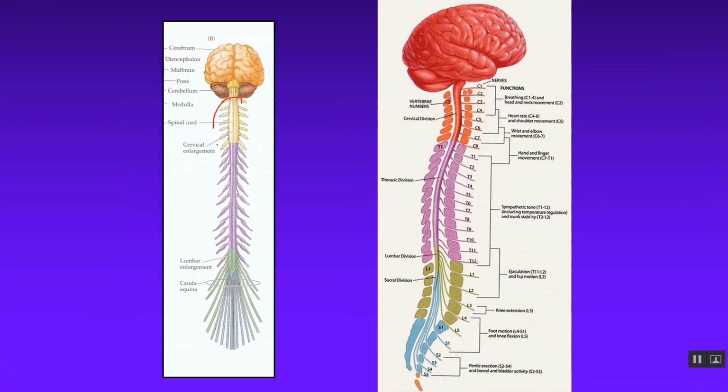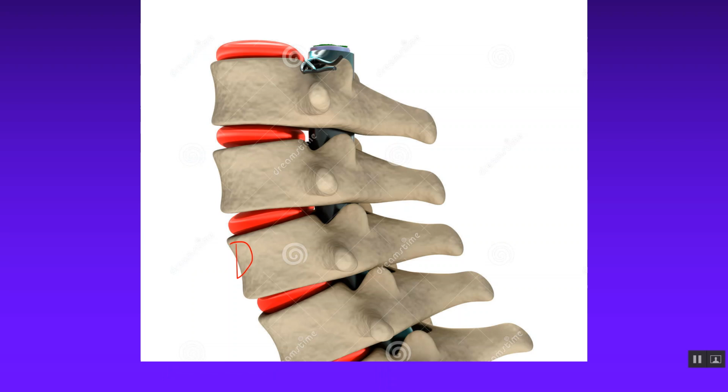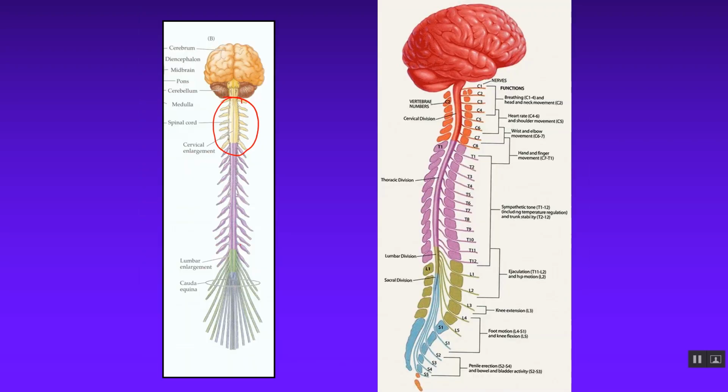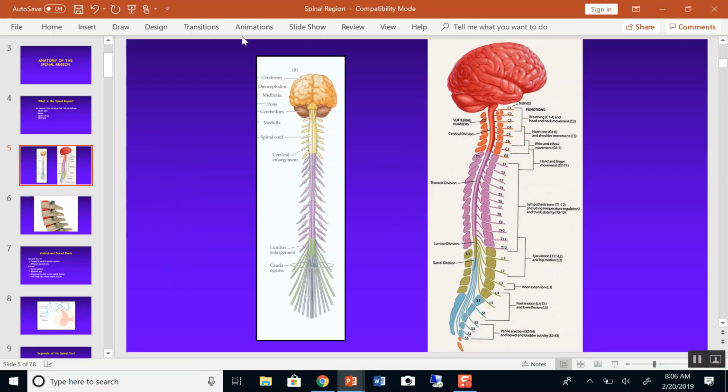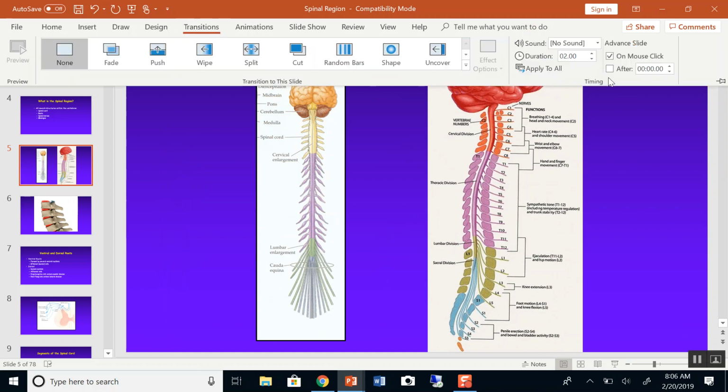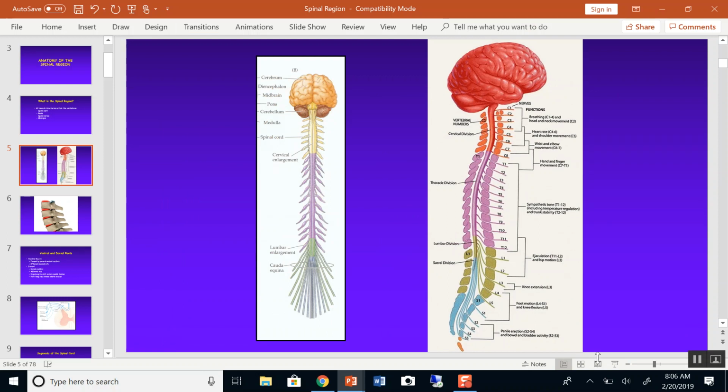Cervical enlargement, lumbar enlargement. That shouldn't be doing that. Why is it doing that? I just turned that off. Oh, I didn't apply it to all the slides. Gosh, I'm getting too old for this stuff. I can't keep up with this technology. These young whippersnappers. There we go. All right.